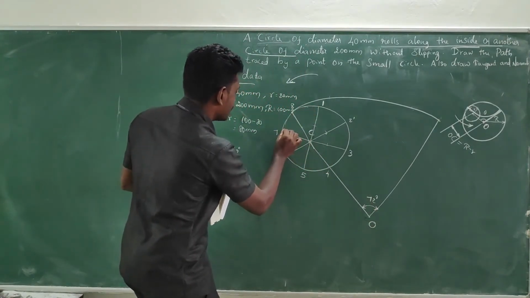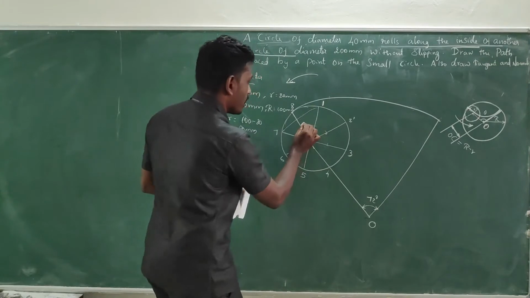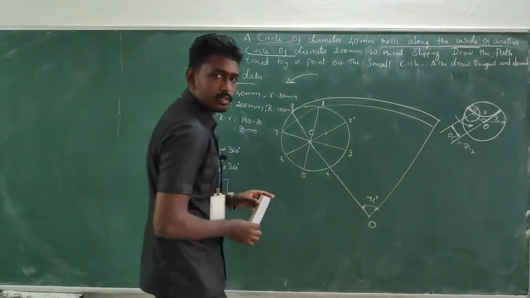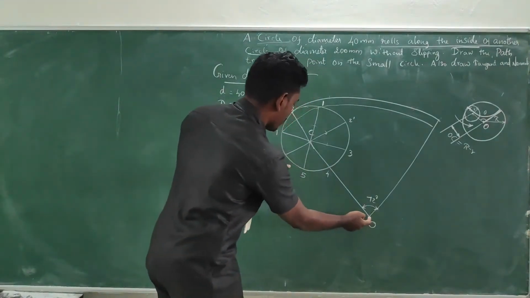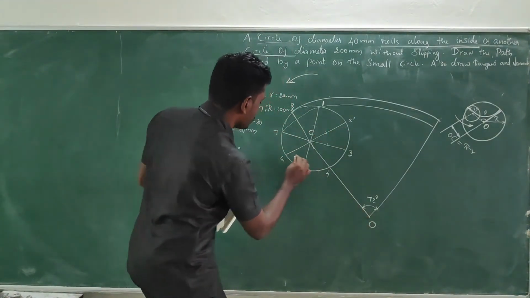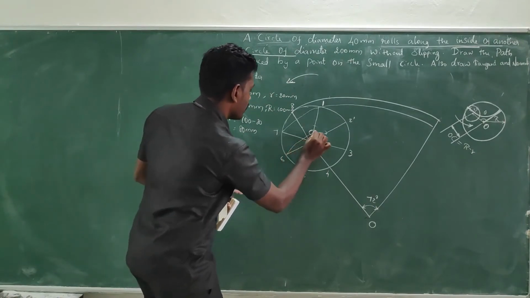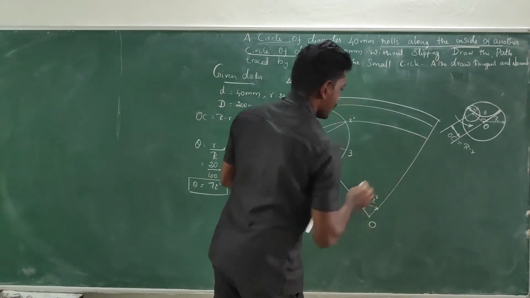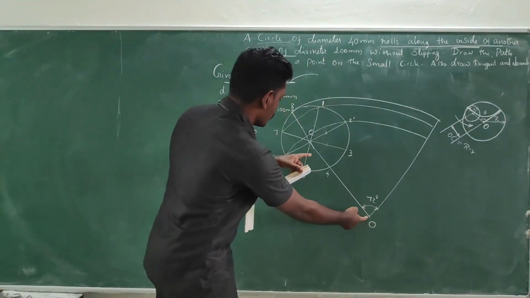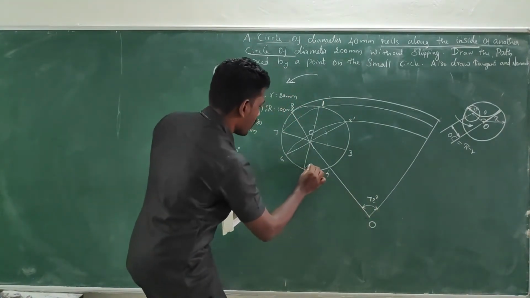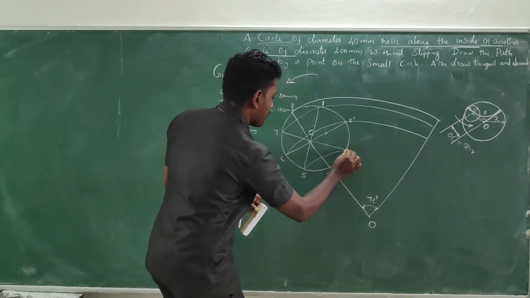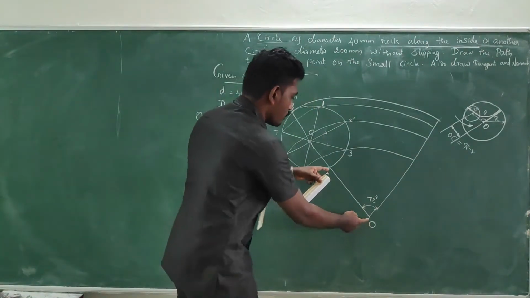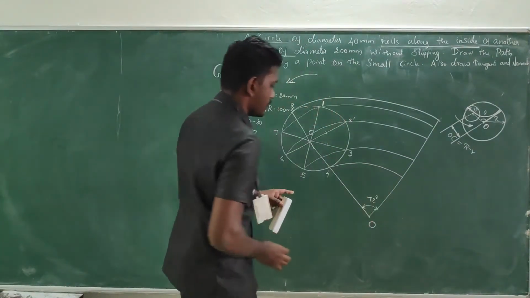I can say this 7th point and first point come in the same locus line. Measure the distance from O to 6, because 6 and 2 come in the same locus line. So go for an arc. Next, measure O to 5 and go for an arc, so that you could see the 5th point and 3rd point coming in the same locus. Measure O to 4 and have an arc.